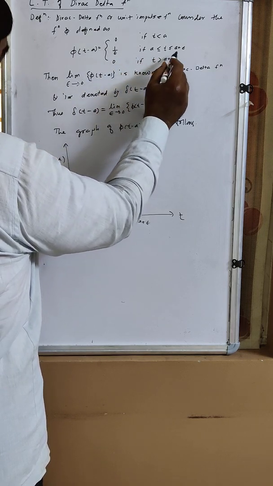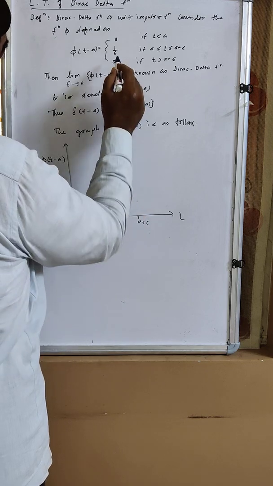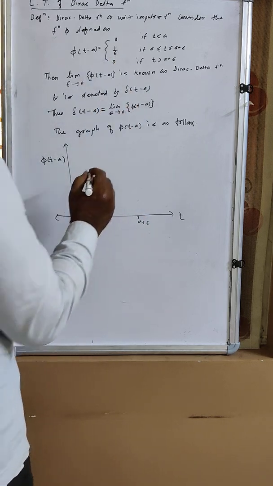From a to a plus epsilon, it is the constant function 1 upon epsilon.